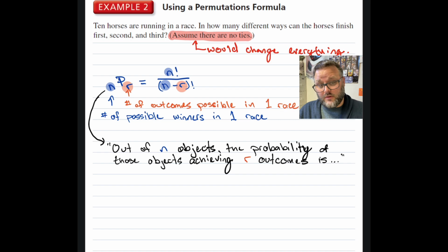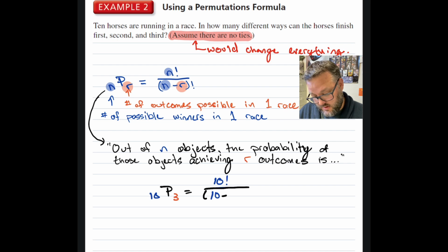So in this case, out of 10 horses, 10 is going to be equal to our n, and the first 3 places being any of those 10 horses is equal to that same 10 factorial divided by 10 minus 3 factorial. So the only items I'm actually putting in are those 10 and the 3.